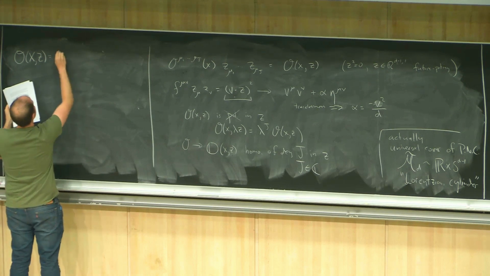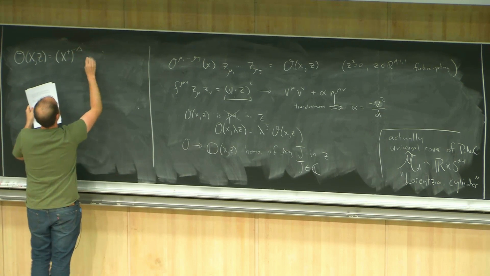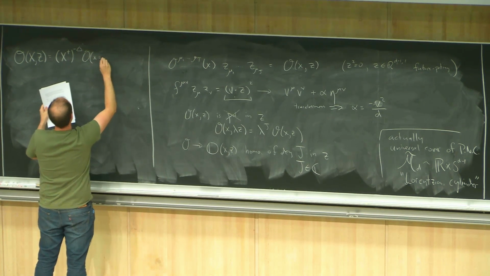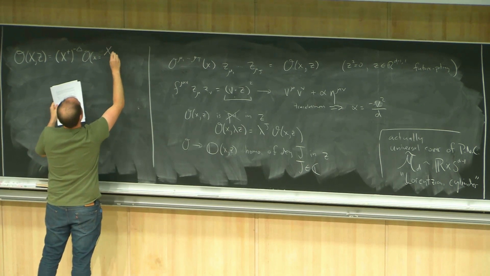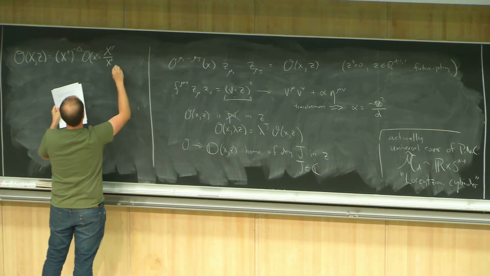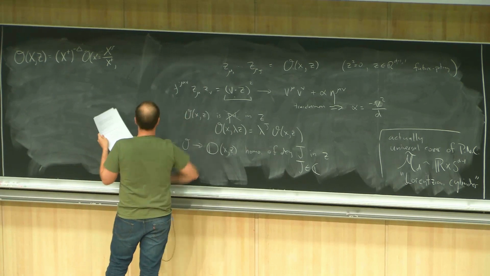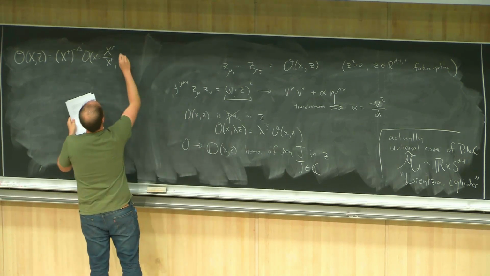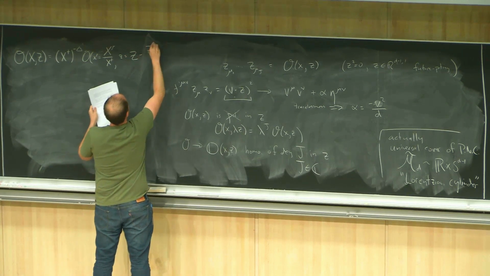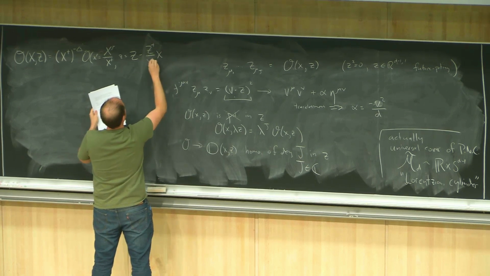The embedding space operator is defined as x plus to the minus delta O of little x equals capital X mu over x plus, comma, little z equals capital Z minus z plus x over x plus.